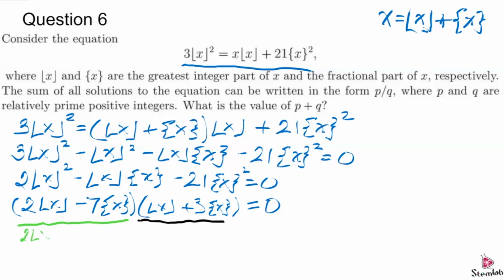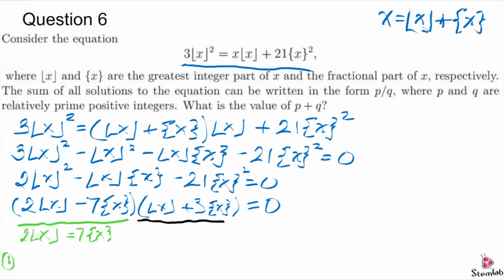Written differently, it's 2 times the floor of x equals 7 times the fractional value of x. The only fractional values that will work, since the left-hand side is even, are 2 sevenths, 4 sevenths, and 6 sevenths. So we'll just try all of them.